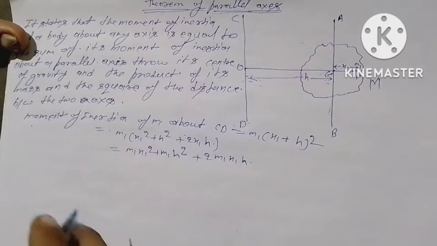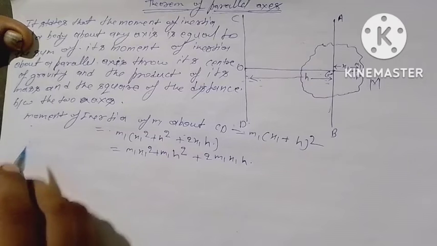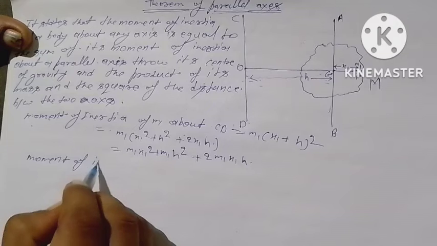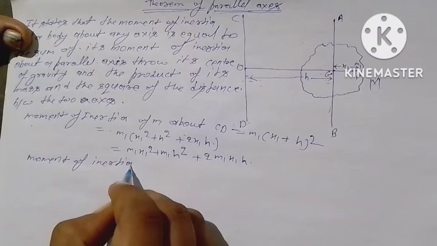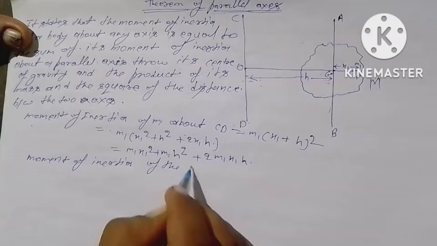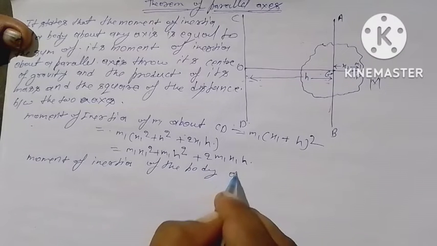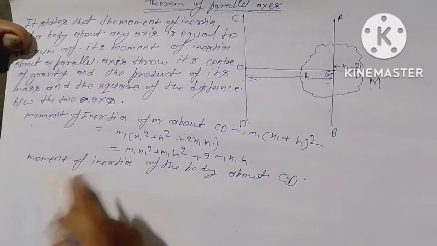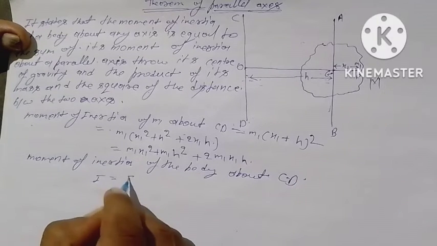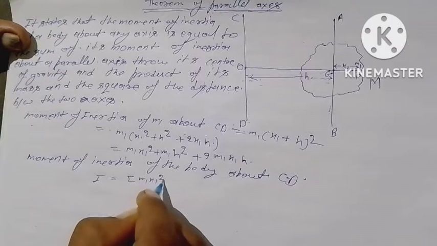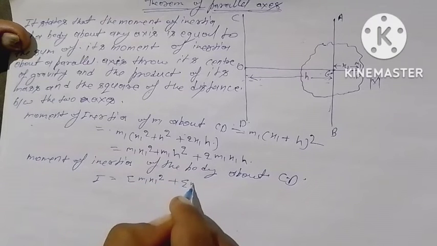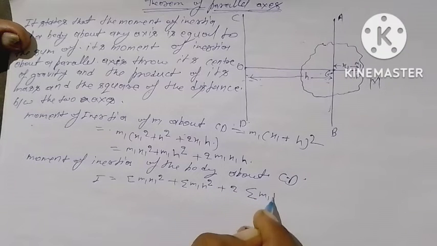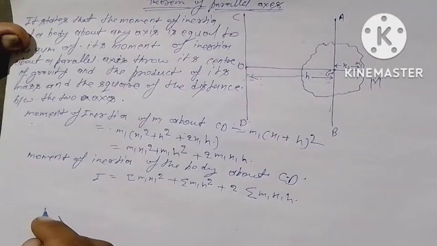Moment of inertia of the body about CD, I, equals sigma m1 x1 square plus sigma m1 h square plus 2 sigma m1 x1 h for the full body.